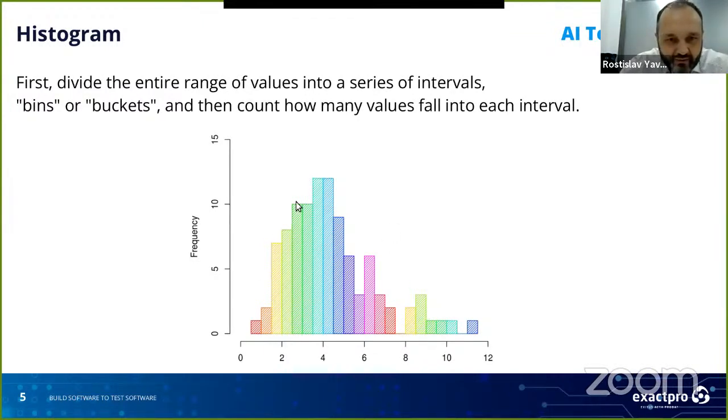Anyway, you can easily see that values around 4 are quite frequent, while other values are not. In your data set you have a value close to 12, and that looks not really normal. So that could possibly be an anomaly or outlier.